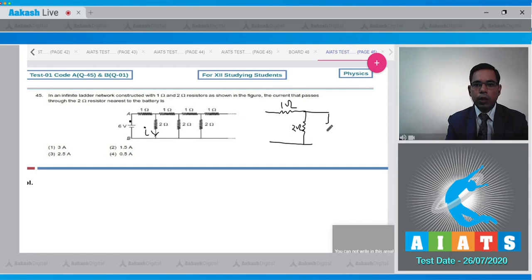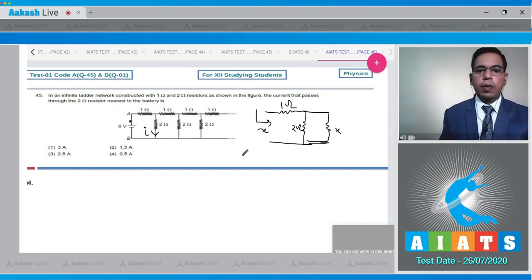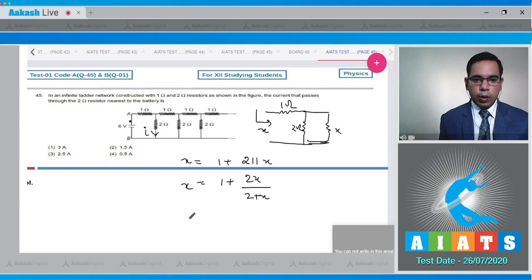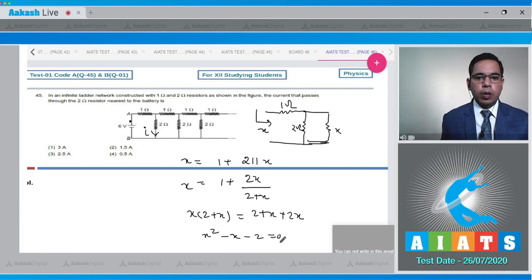Let this be X, and here the total resistance is X. Now calculating the value of X, X is given as 1 plus 2 parallel with X. Now putting the value, 1 plus 2x upon 2 plus x is equal to x. Now solving, we get x into 2 plus x equal to 2 plus x plus 2x, that means x square minus x minus 2 equal to 0.